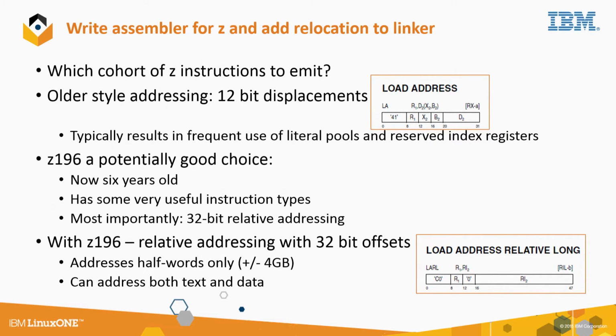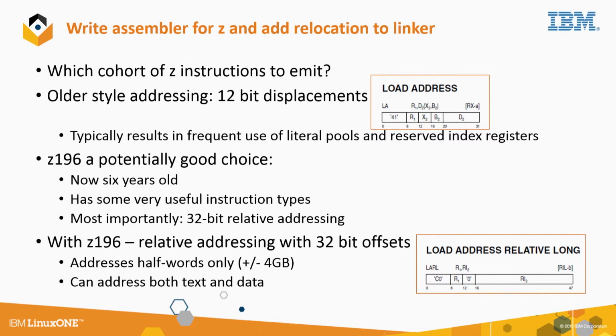Most importantly, it has PC relative addressing. That is so handy when you're writing a compiler. Previously, for addressing, you had a 12-bit displacement. It wasn't negative, it was a 12-bit positive displacement. So if you wanted to address something backwards, you're kind of stuck. And 2 index registers, which means you have double the number of registers than maybe you really need.